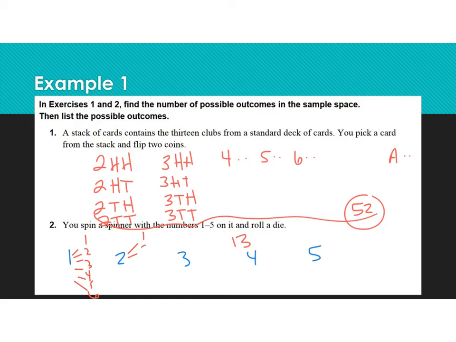Here I'll do a little more, like a branching method would be a little easier to write them out. So each one of these from the spinner can go to 6 options for the die. And so how many options do we have? 6 times 5. There would be 30 in that sample space.